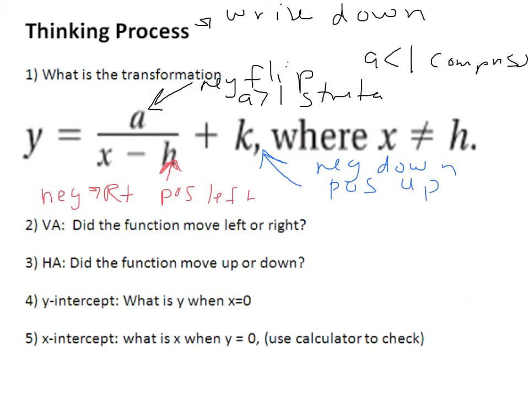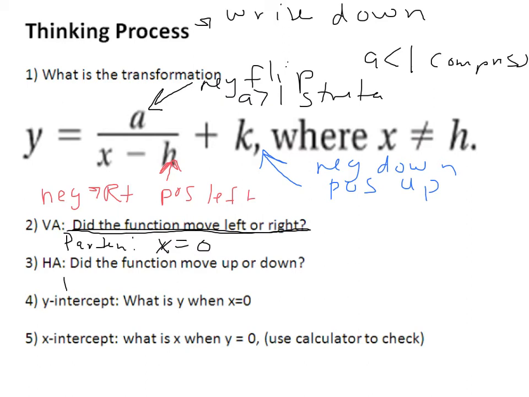So, first question you always ask yourself, what is the transformation? Then when I'm figuring out what the vertical asymptote is, did it move left or right? Because if it moves left or right, that's going to change the vertical asymptote. Typically with our parent function, we always have x equals 0, but if it moves left or right, that changes.